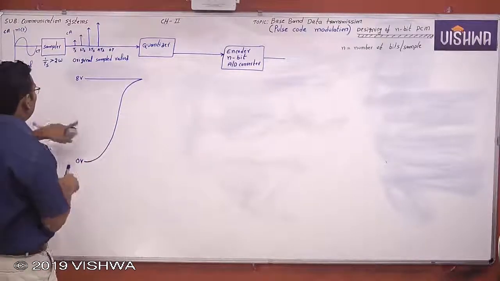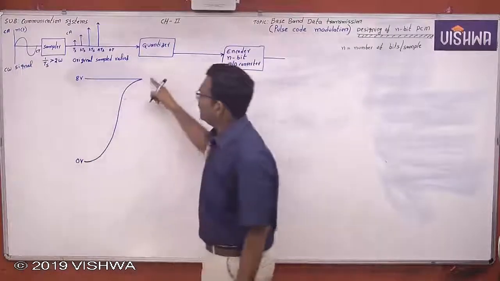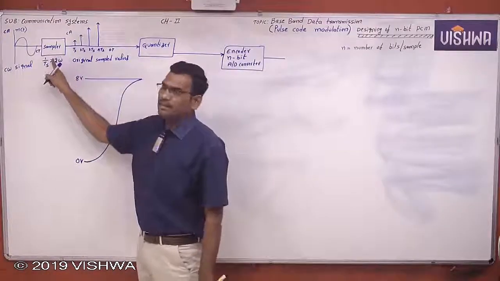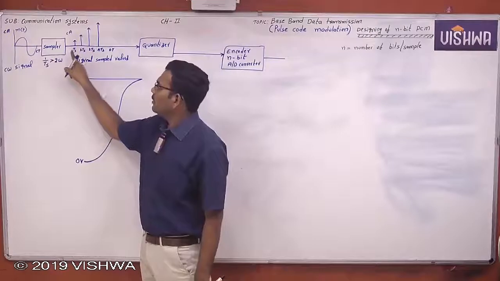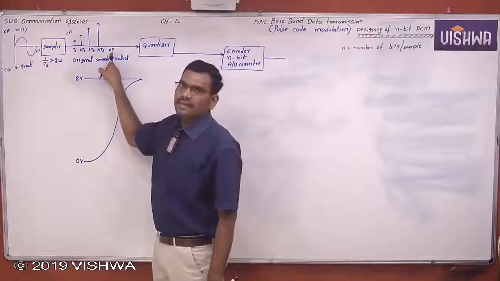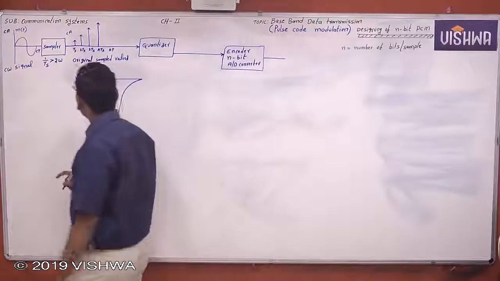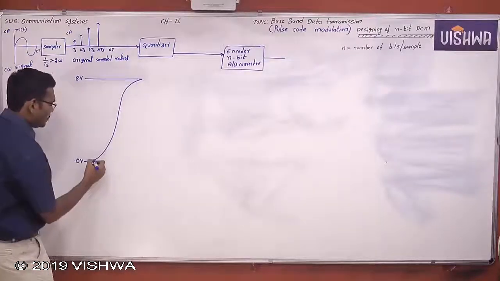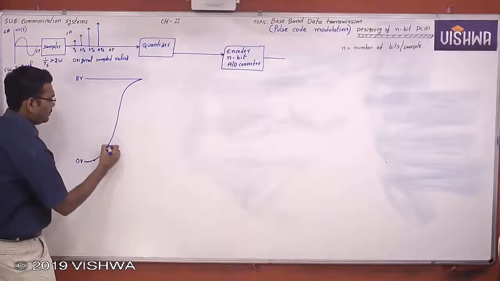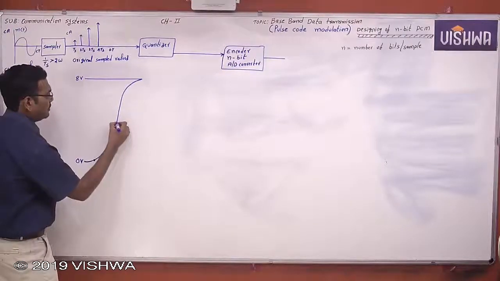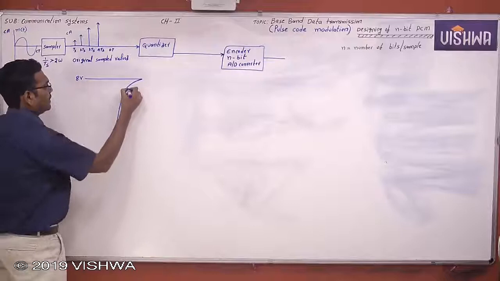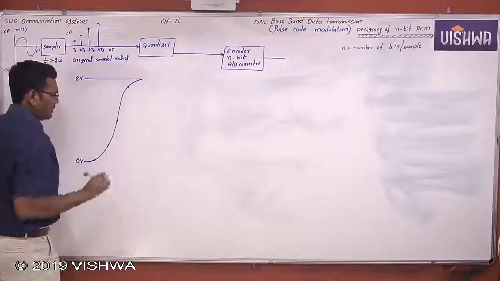Then this continuous wave signal undergoes sampling. Now this continuous wave signal will be discontinuous in time, discretized in time. Now what are the amplitudes at these discrete times? This is at Ts seconds, at 2Ts seconds, at 3Ts seconds, at 4Ts seconds. Let us take for example.